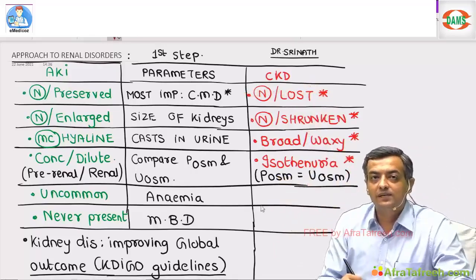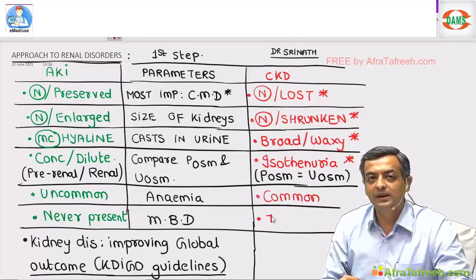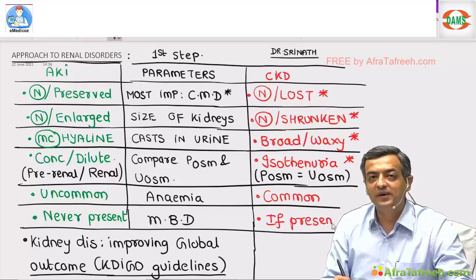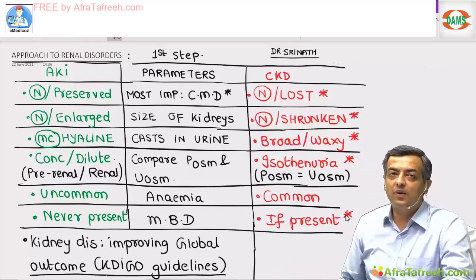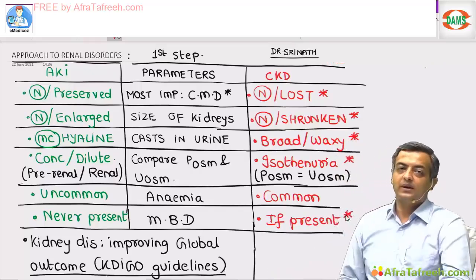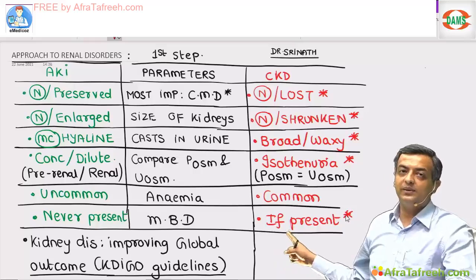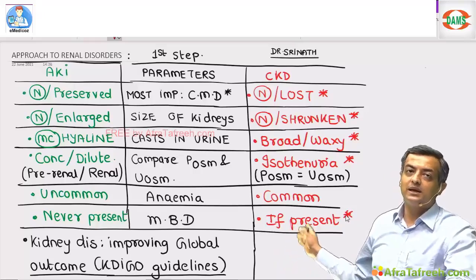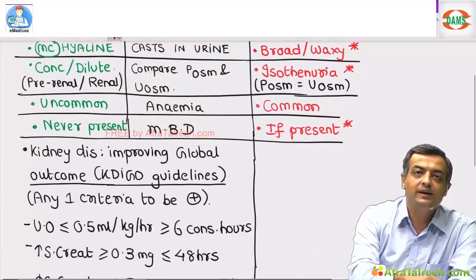Anemia is common but non-specific. The metabolic bone disease, if present, is specific for the disease. It may not be present in all cases of CKD, but if the bone disease is present, you know that the duration is more than 6 months. That means obviously the patient has chronic kidney disease.